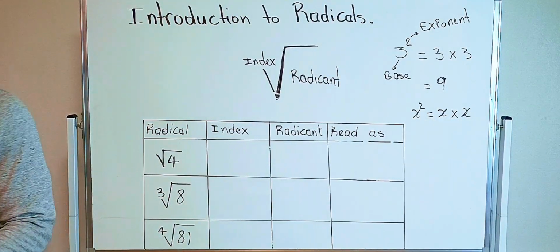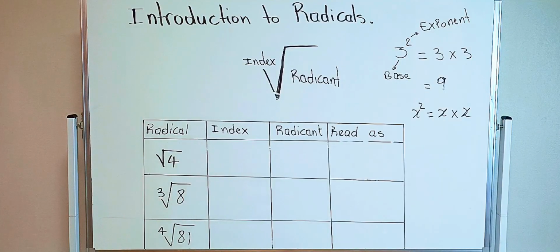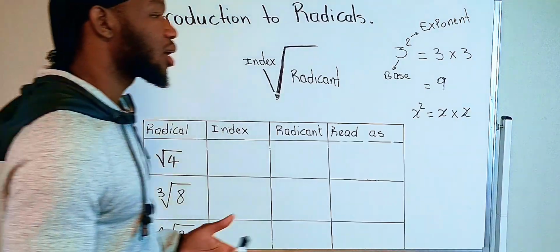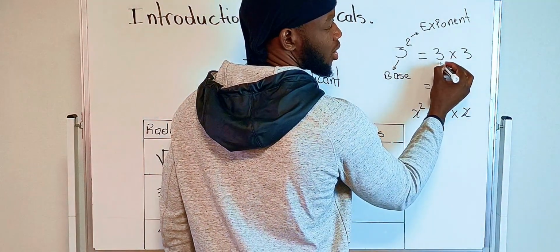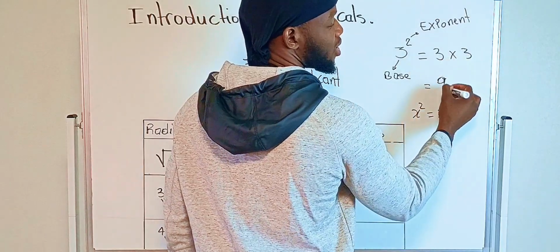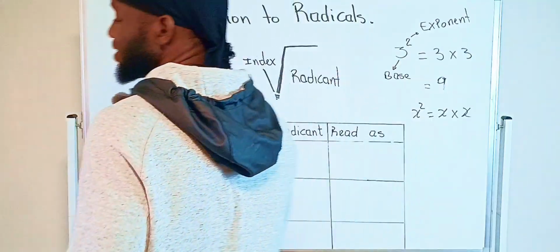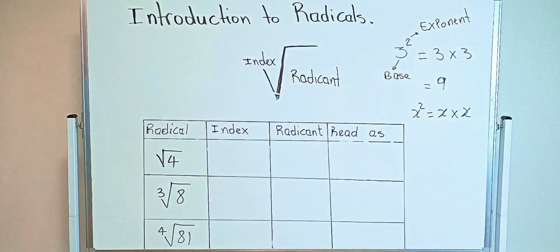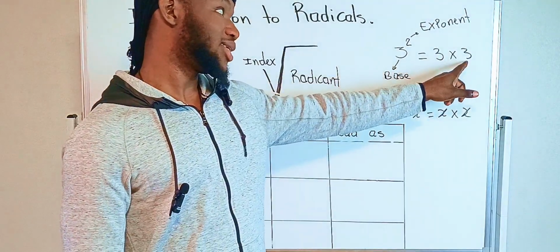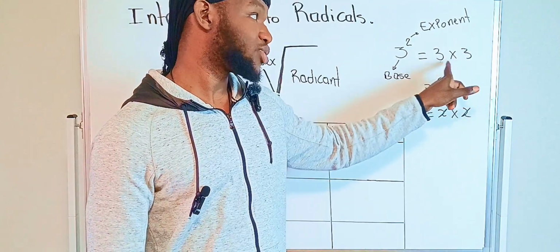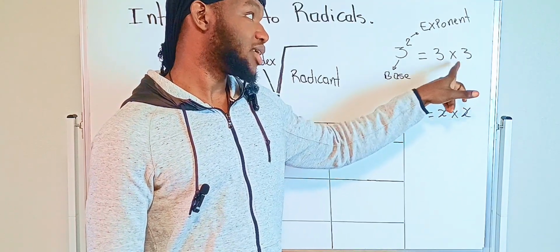A number or a variable that is the product. Product is the result of the multiplication. You see, 3 multiplied by 3, the answer is 9. I mean, 9 is the product of two identical numbers, three and three, they are the same, right?